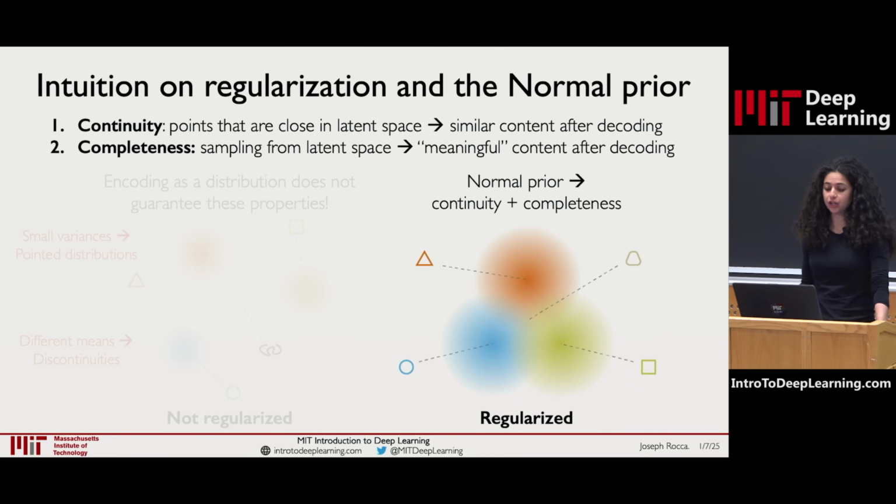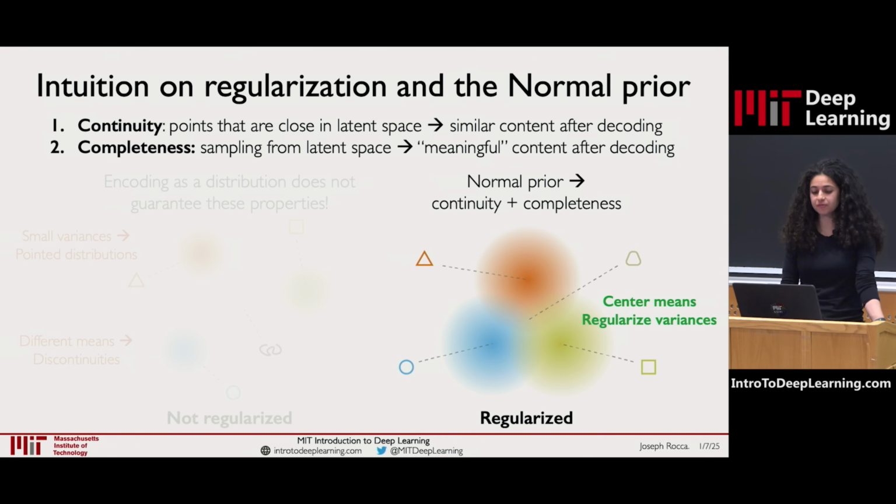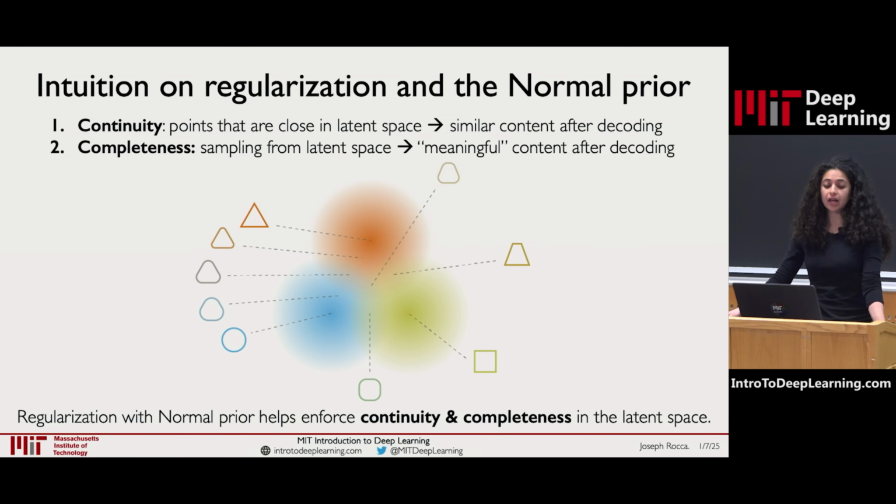It turns out that by using a normal prior, we're able to regularize the latent variables accordingly by centering the means and controlling the spread of the variances so that we encourage continuity and completeness in these latent spaces. So hopefully that conveys some intuition about this concept, not only of regularization, but why a prior like a normal prior can often work very well to build up a latent space that is both continuous and complete.